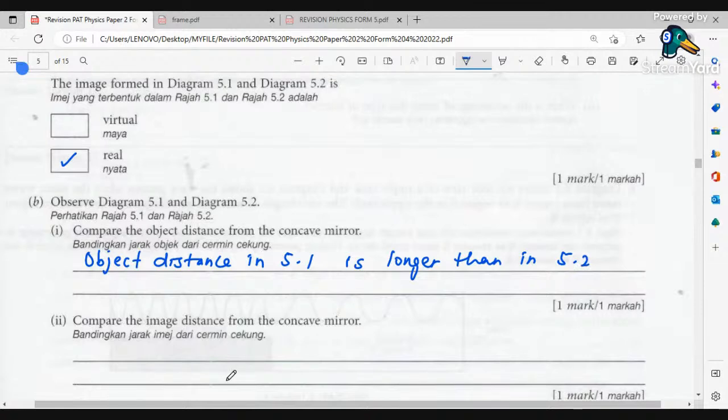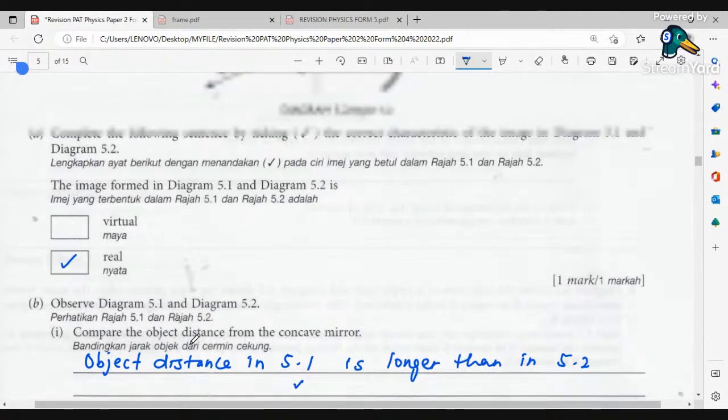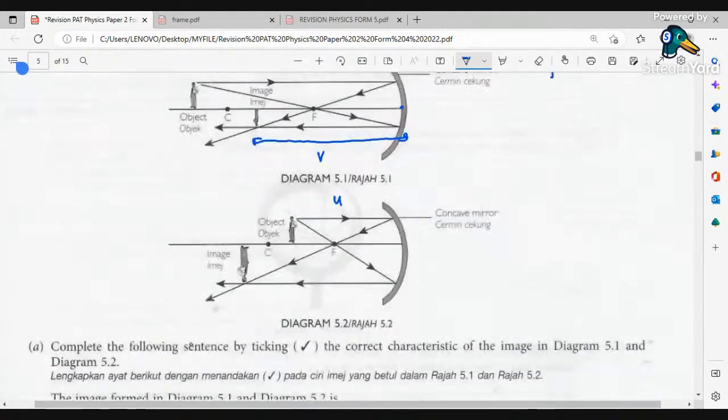Compare image distance. Okay, this one I start with 5.1. So the next one when I compare also, I will start with 5.1. Image distance. Mana image distance? Ini. Okay, ni. So you can see 5.1 is shorter than 5.2.